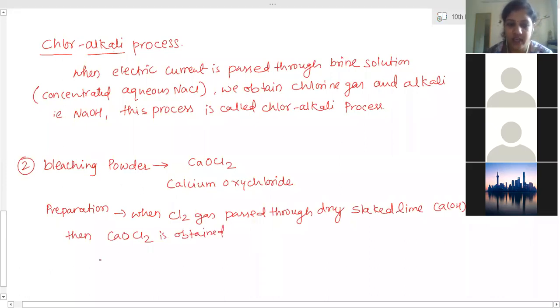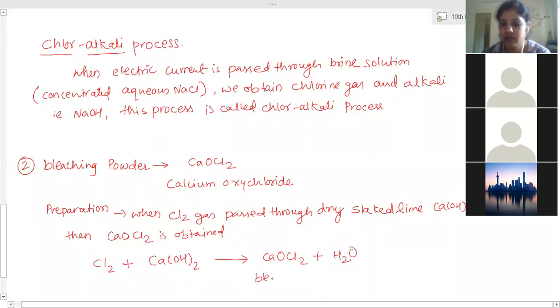That is, chlorine gas Cl2 is passed through calcium hydroxide, that is slaked lime. Then it will produce CaOCl2, that is bleaching powder, and water is produced. So this is bleaching powder.